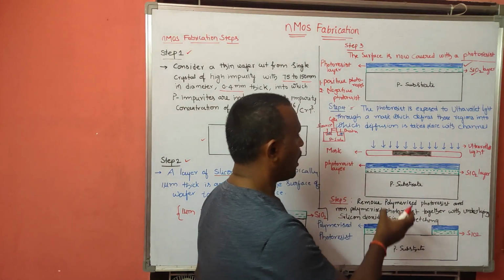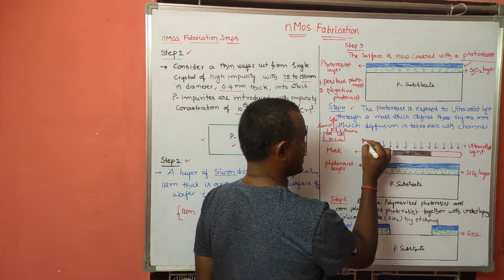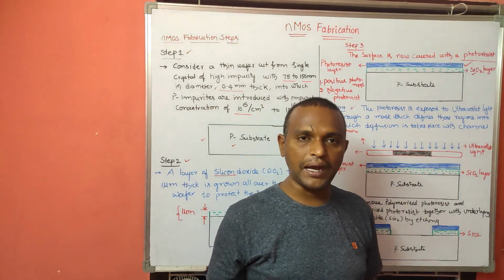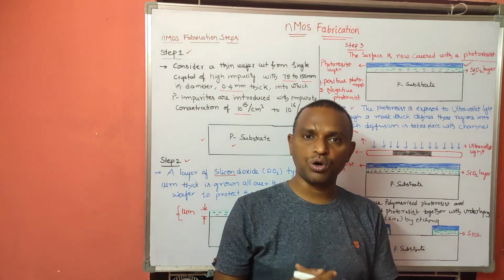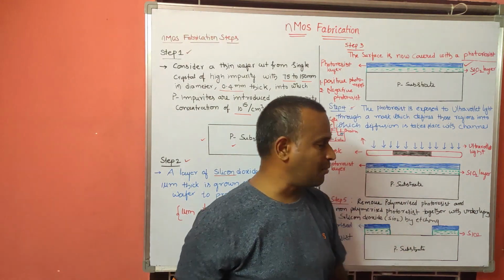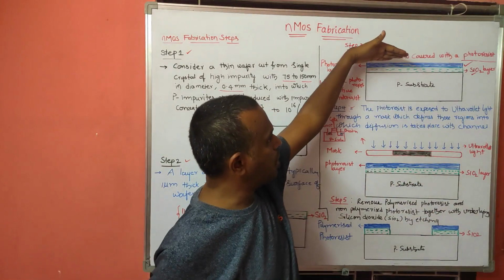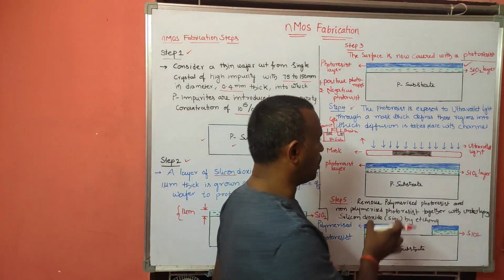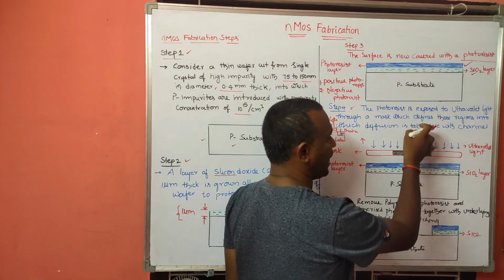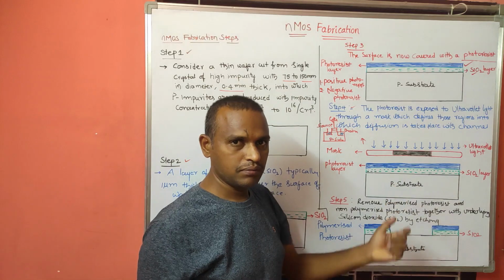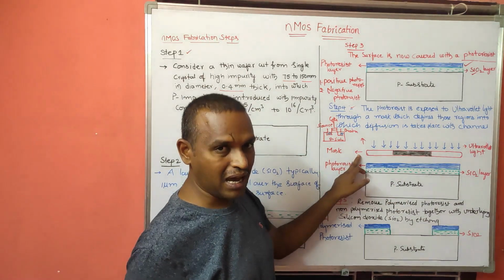So that's why I am using this glass mask. The glass mask or reticle will be prepared at the time of photolithography in the computer, and at the same time that will be placed on this photoresist. If you observe here, this UV light falls on this photoresist layer. So this is the mask I have to use.